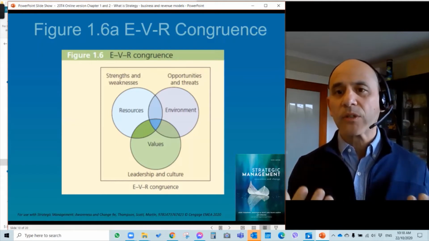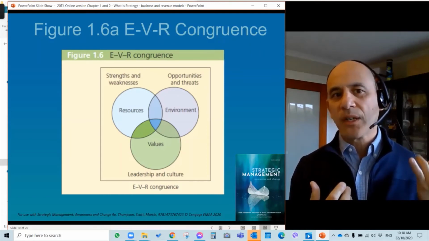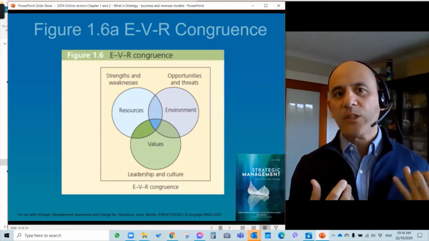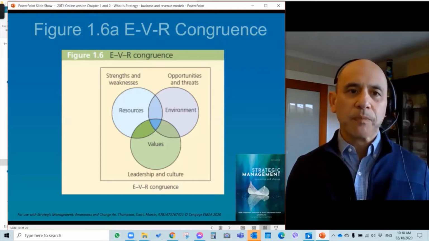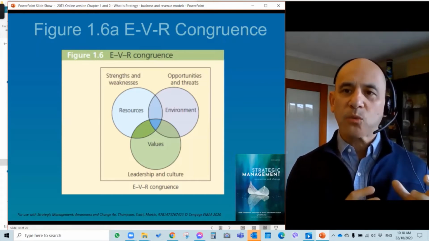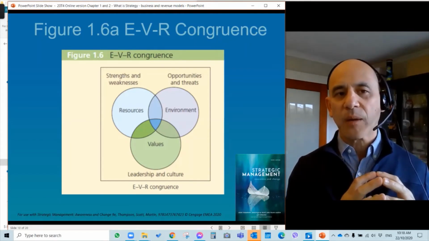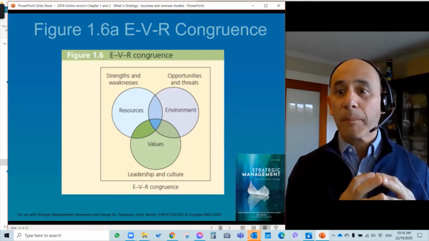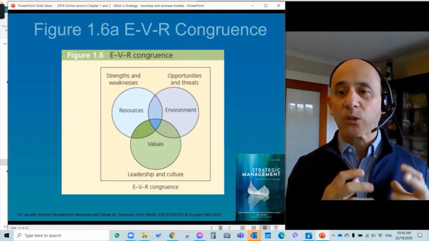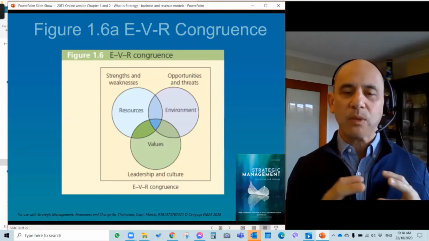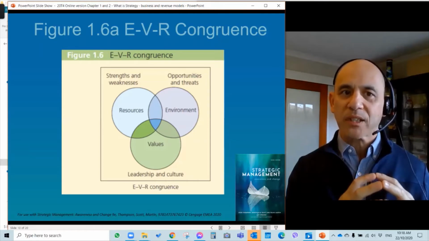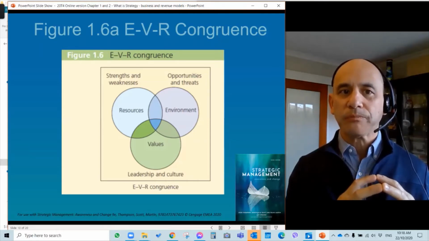And if you've ever heard of SWOT, what it stands for is the strengths and the weaknesses, the opportunities and the threats. Now, when we talk about strengths and weaknesses, we're actually looking at the internal characteristics of the company. In other words, what the company is, without considering what's outside, we consider what are the strengths and weaknesses of our organization.